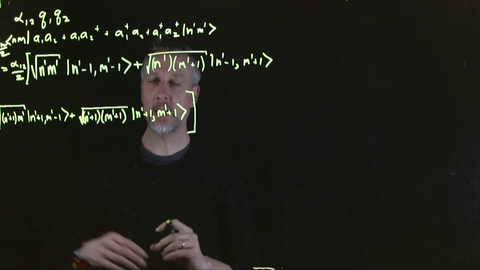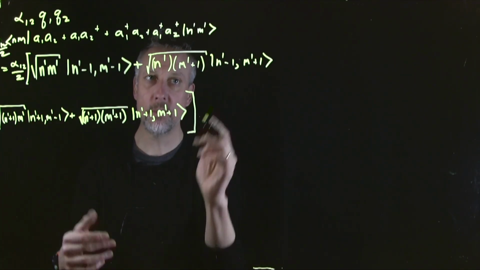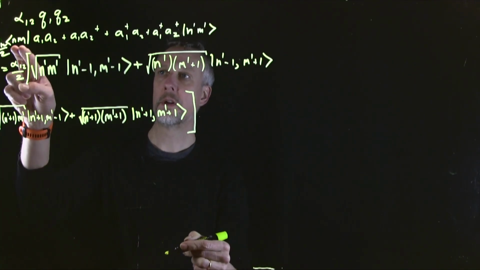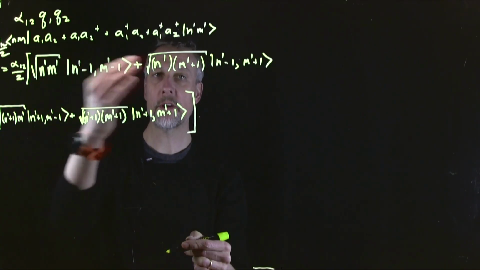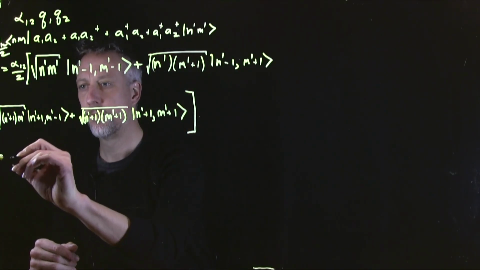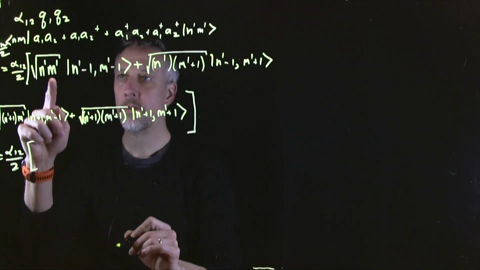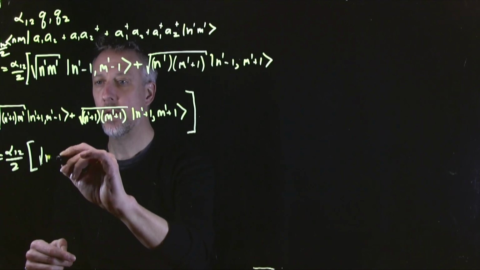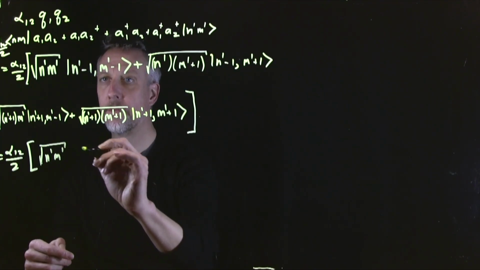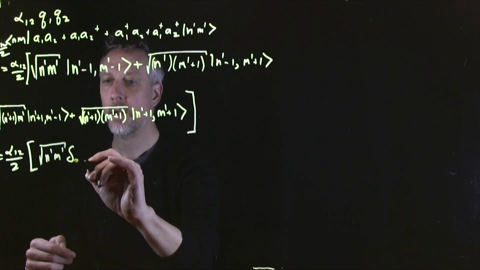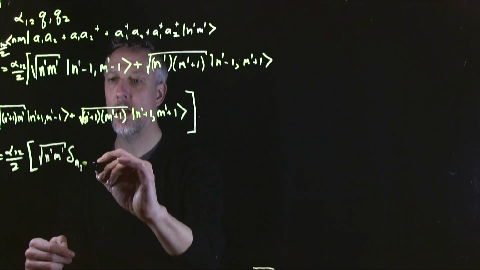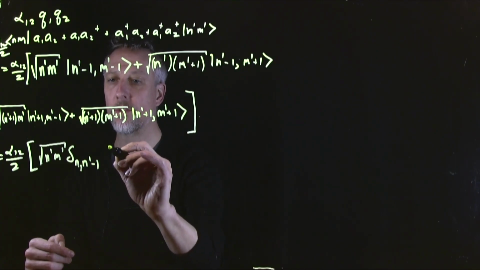All right, so that is working out what the operators do. Now we just have numbers and these vectors. We know that the <N M| are going to come across and give us delta functions. So we have alpha 1,2 divided by 2. For the first term, N' M', we have delta N, N' minus 1 for the first delta function.